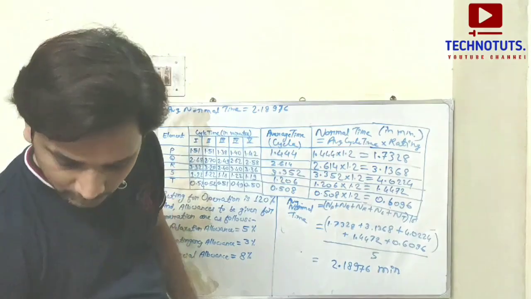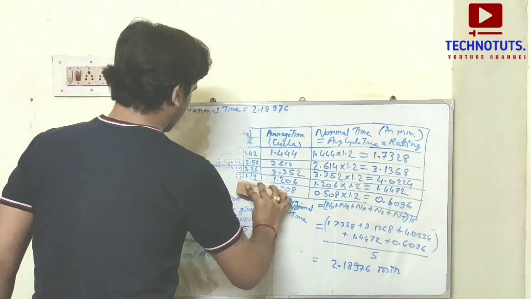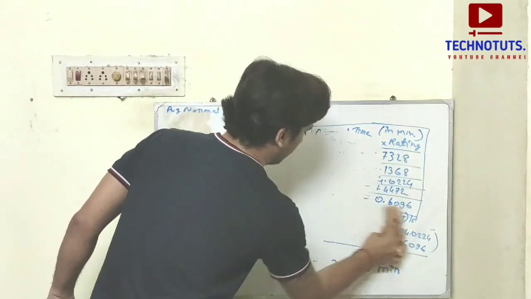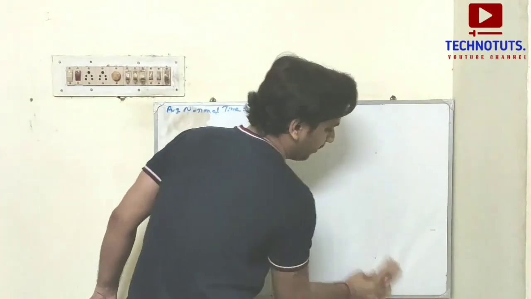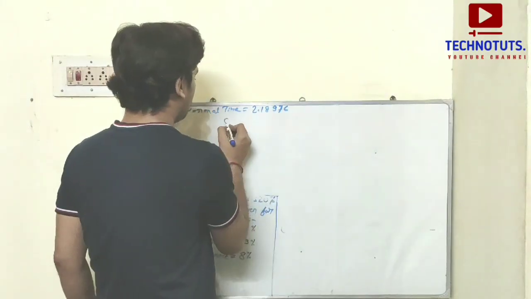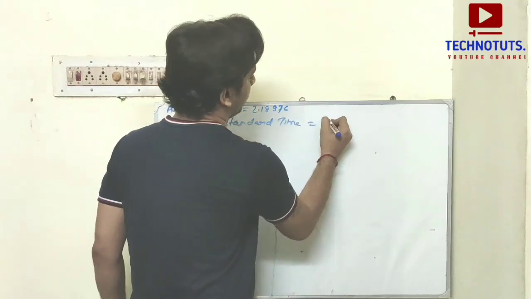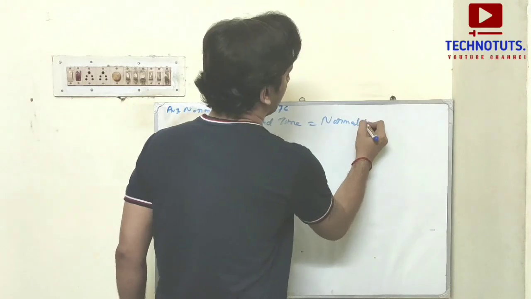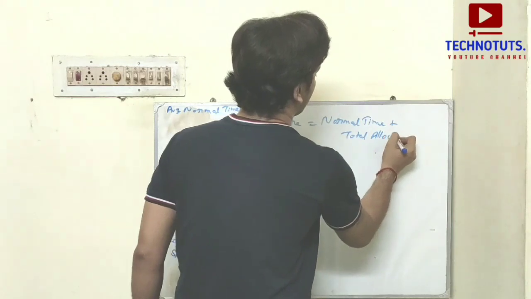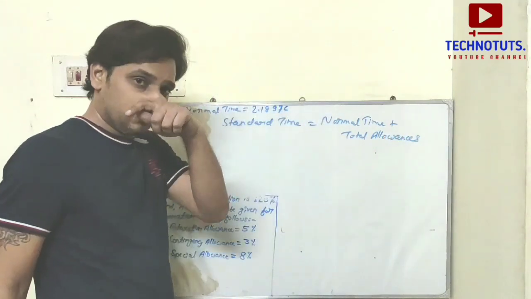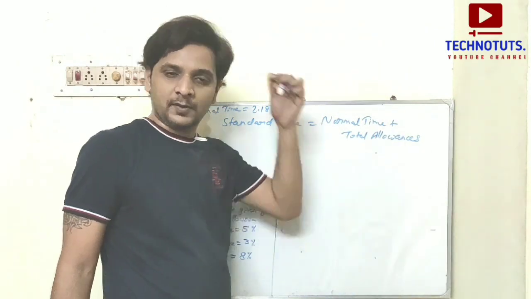Let us calculate the standard time for this whole operation. What is the formula for standard time? The formula for standard time is equal to normal time plus total allowances. There are different types of allowances: personal allowance, contingency allowance, other allowances.